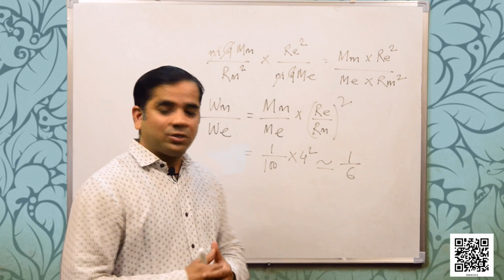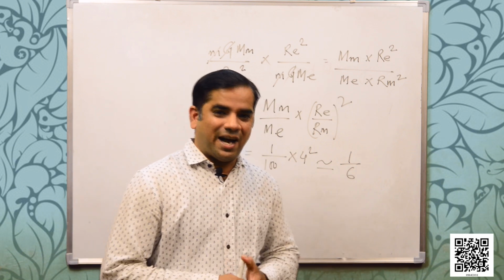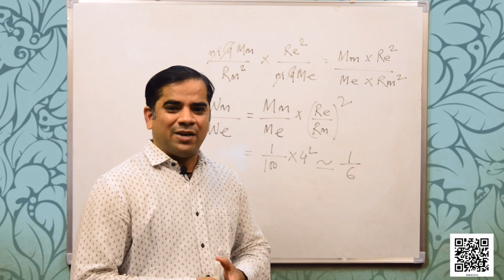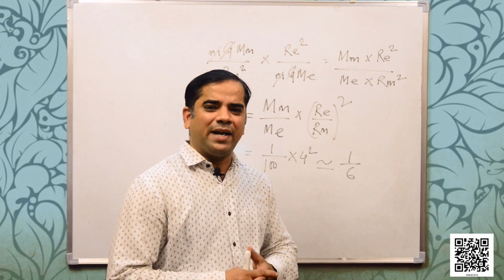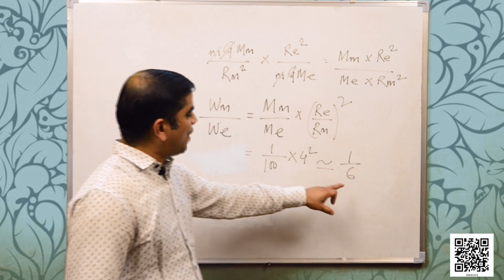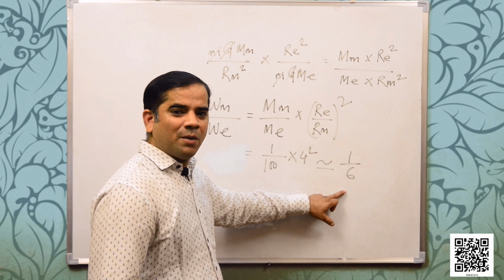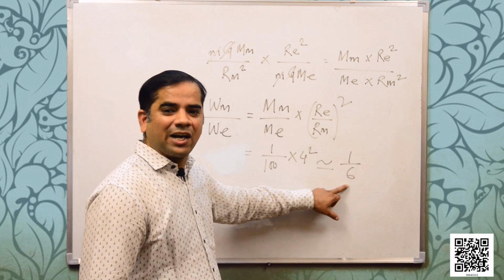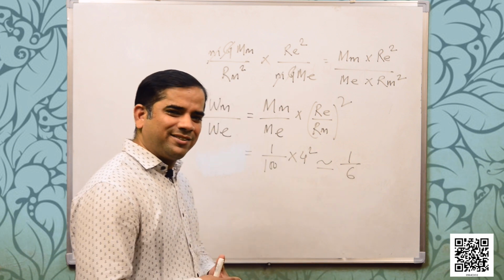Fine. So, students, here is the solution for the question. As the question says, weight of an object on the moon is 1/6 its weight on the earth. We have found out that the weight of the object on the moon is 1/6 that of the earth. Hope you have understood this.